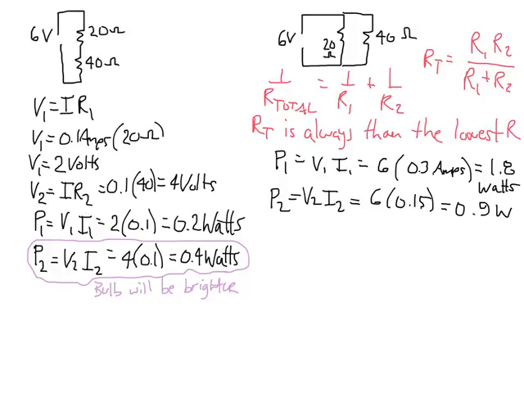We'll have here, in this case, if I'm comparing the two, if they were light bulbs, I got the 20 ohm resistor at 1.8 watts of power, the 40 at 0.9 watts. The one that would glow the brightest is the first one. So this is the brightest.